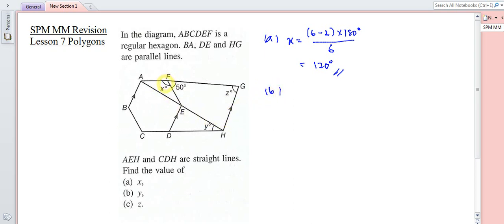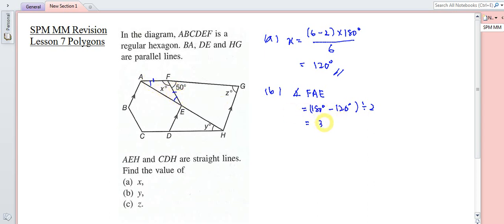So next is to find the value of y. So if here it's 120, then I know that this angle FAE will be equal to 180 minus 120, then divided by 2, right? Because these two angles are the same.